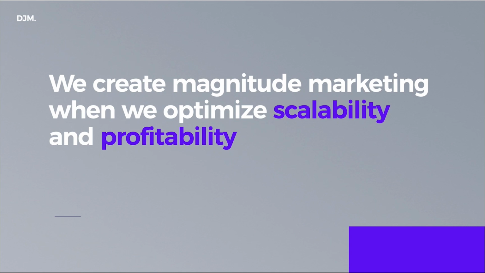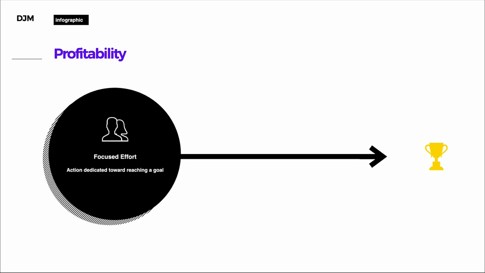Again, we create magnitude marketing when we optimize scalability and profitability. Scalability and profitability, when they are optimized, take you from a generalized business to a focused business with focused effort, so that you can hit your goals much more quickly. You can be making more than $1,000 an hour again and again and again.